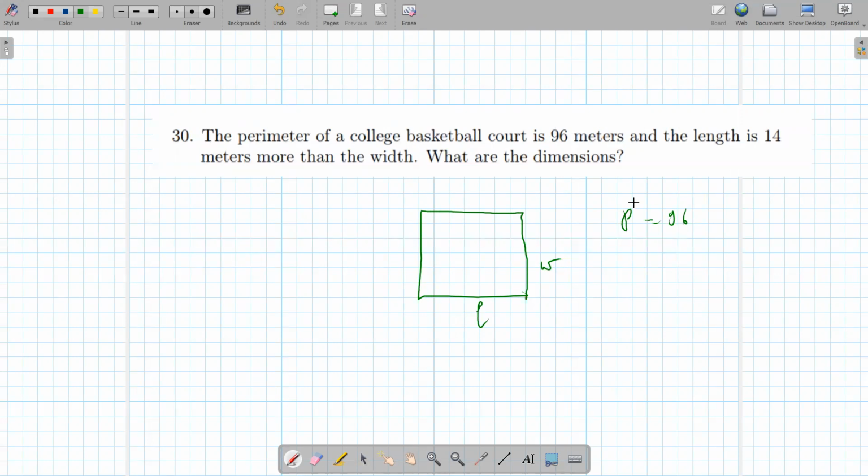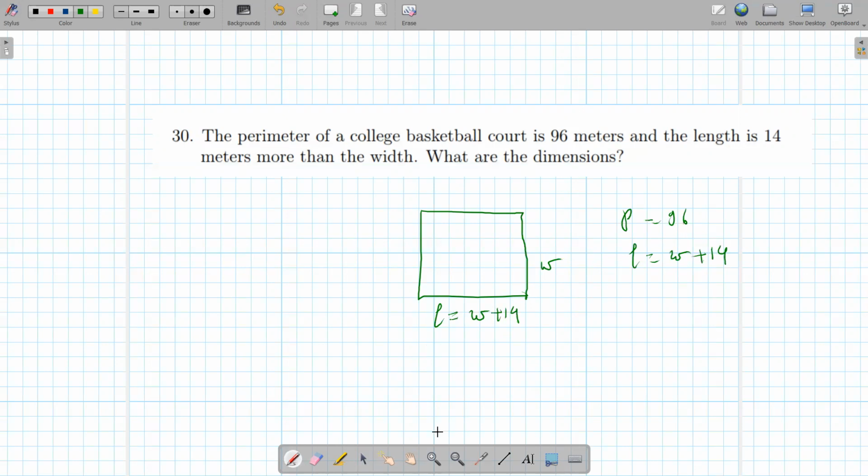So what does that mean in terms of L and W? L is W plus 14. Right, L is W plus 14. And now what do we do? I'm trying to find the dimensions.